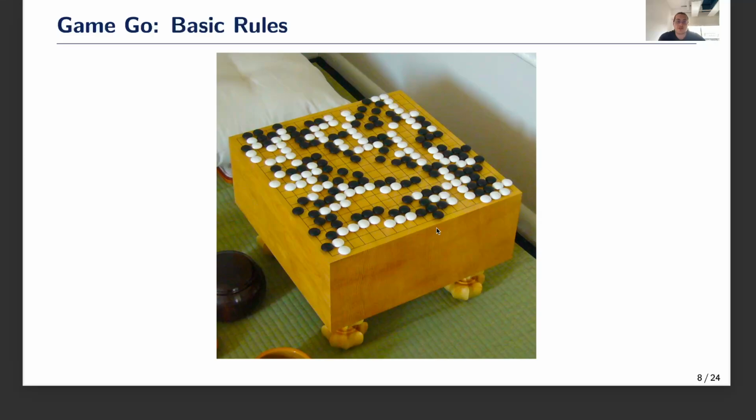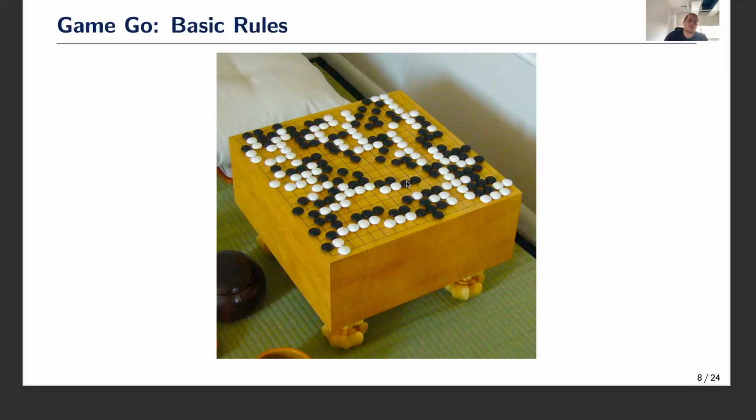So, basic rules: turns alternate, black plays first, then white, and so on. A move consists of placing one stone on one empty intersection of the lines on the board. Here, I guess you can see. Groups of stones that are completely surrounded with no liberties are captured and removed from the board.